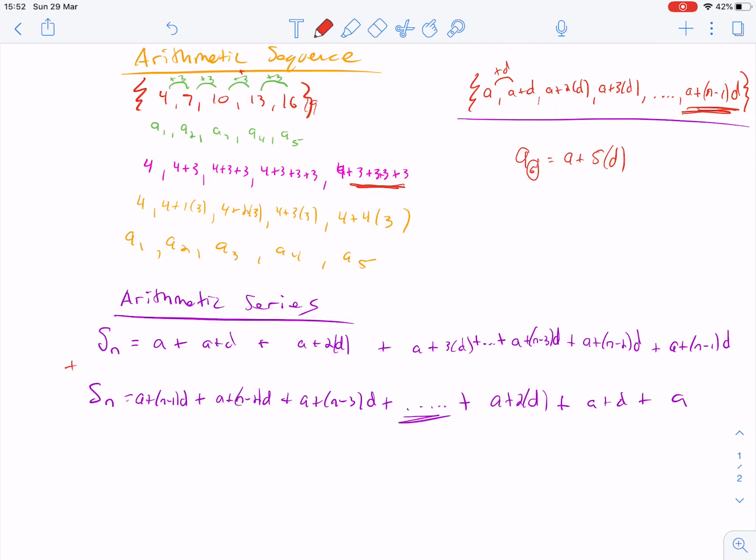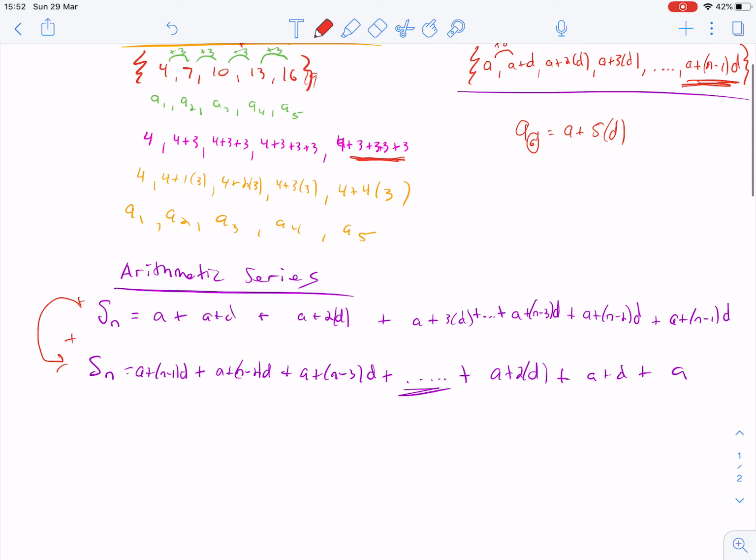So let's add this one with this one. And since they're the same thing, it would just give us 2s of n. All right, think about that for a second. All right, so now if we added these two terms, we would get 2a plus n minus 1d.